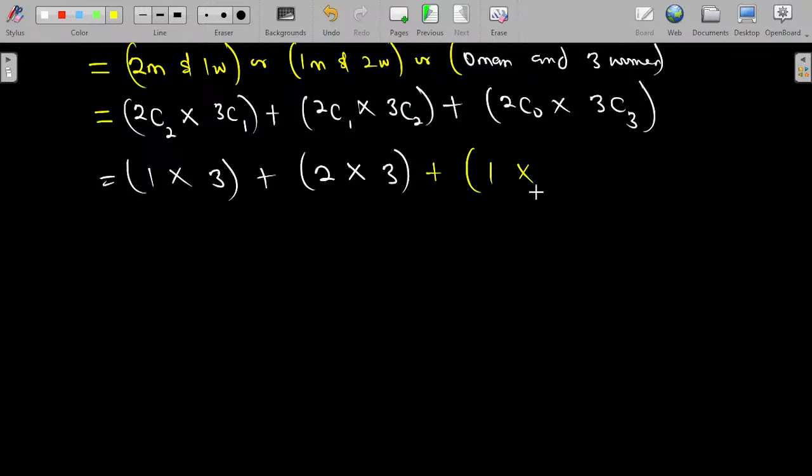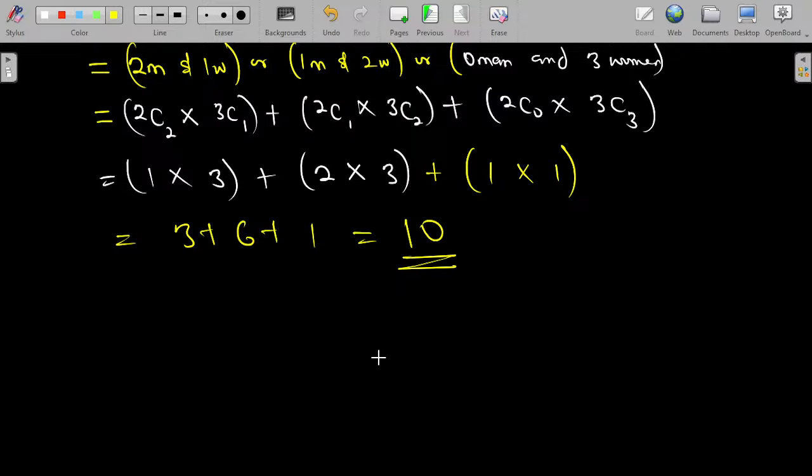You already know that any number combination 0 is 1. And then this other one, 3 combination 3, is also 1, because any number combination itself will as well give you 1. And you are done. 1 times 3 is 3, plus 2 times 3 is 6, plus 1 times 1 is 1. And your answer is what? 10.